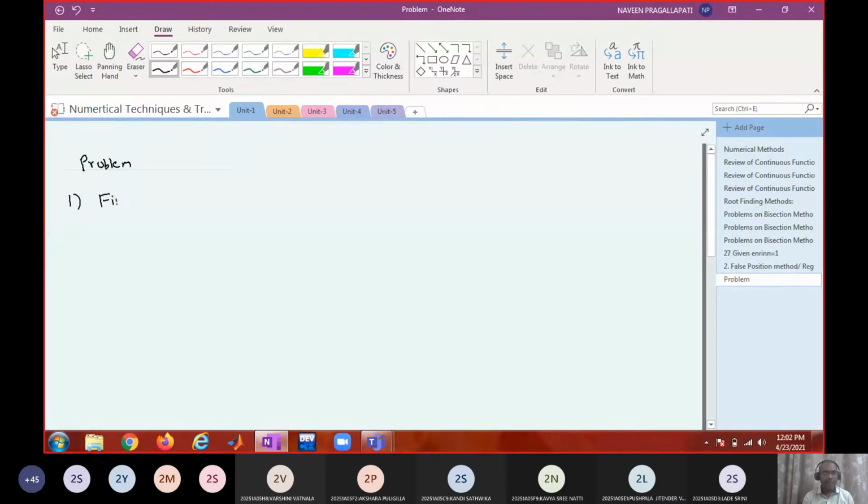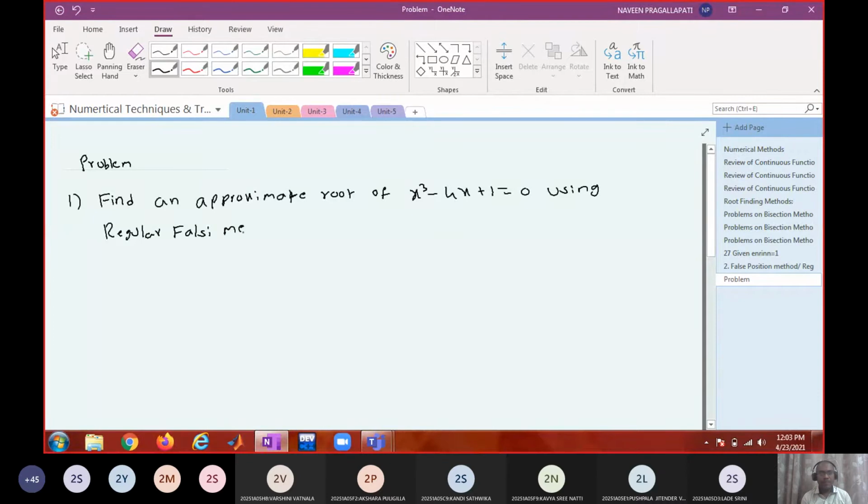Find an approximate root of the cubic equation I gave you in the homework problem for the bisection method: x cube minus 4x plus 1 equals 0, using the false position method in the interval 0 to 1, correct to 2 decimals.